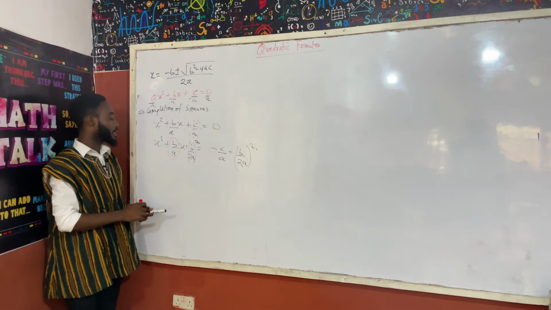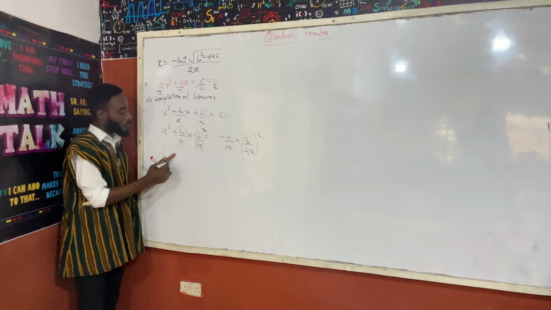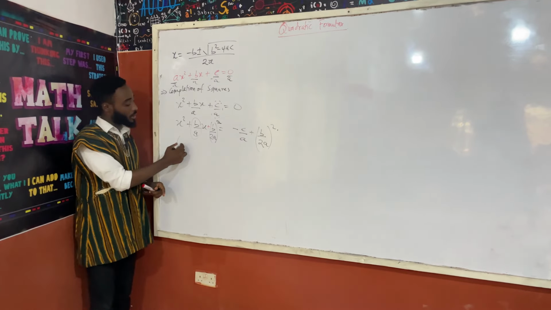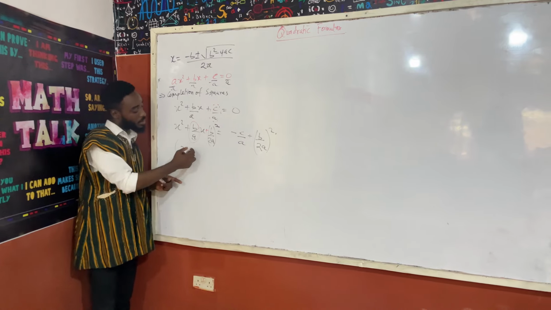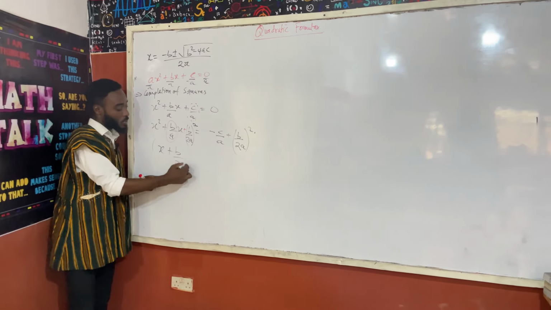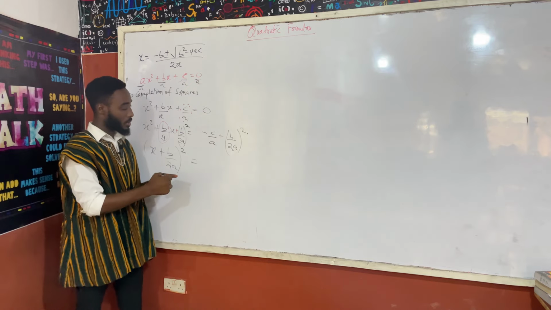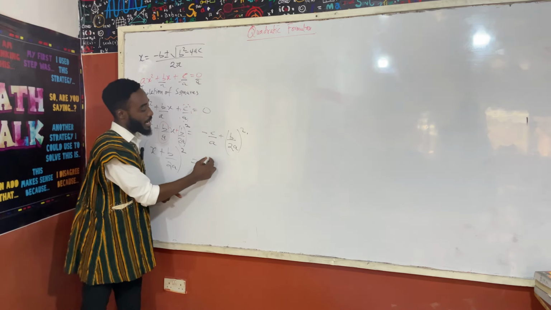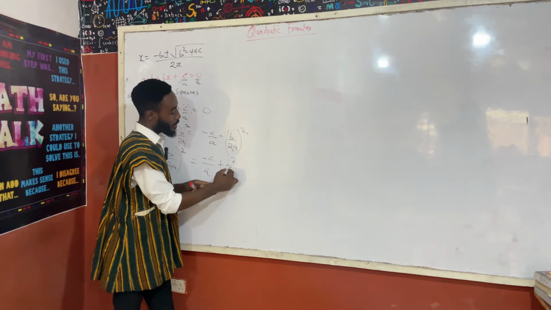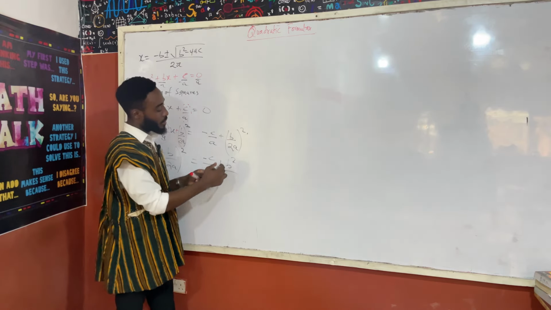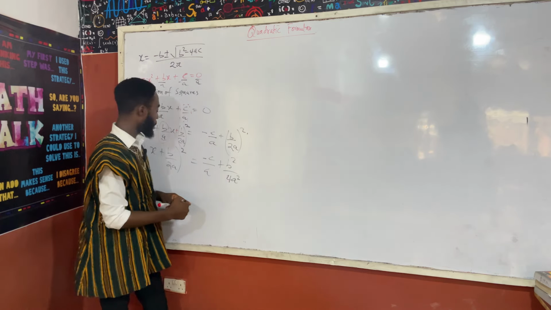So at this side, I would have to change it into the bracket form. And that would be x plus b over 2a all squared, equals minus c over a plus b over 2a all squared. In other words, when this is squared it becomes 4a squared.